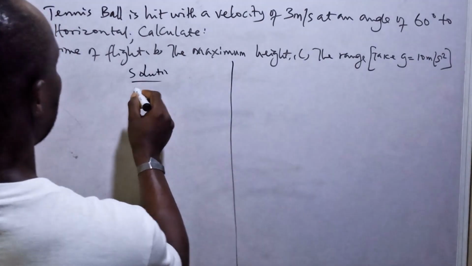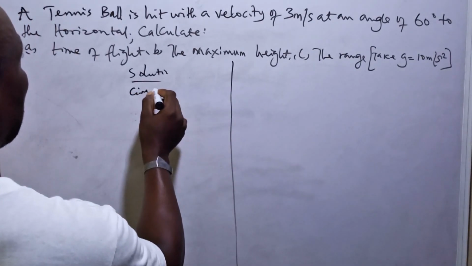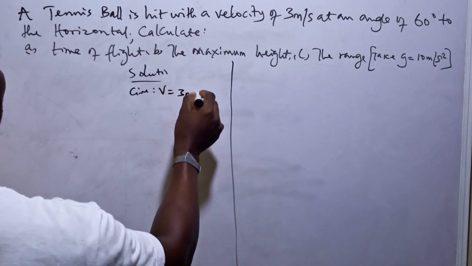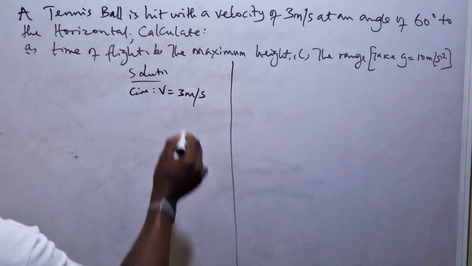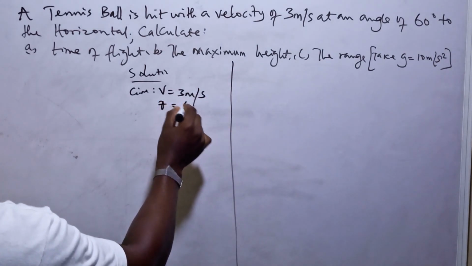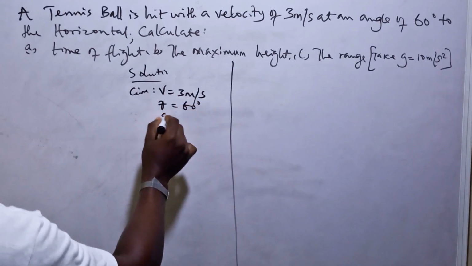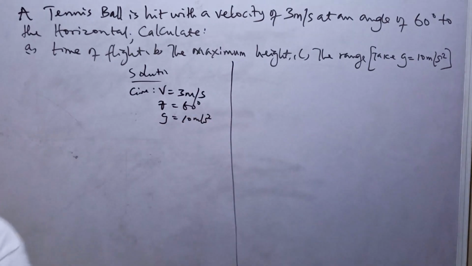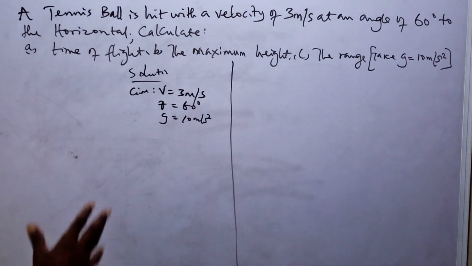Now we have given velocity v as 3 meters per second. We also have angle theta to be 60 degrees, and we have acceleration due to gravity g to be 10 meters per second squared.